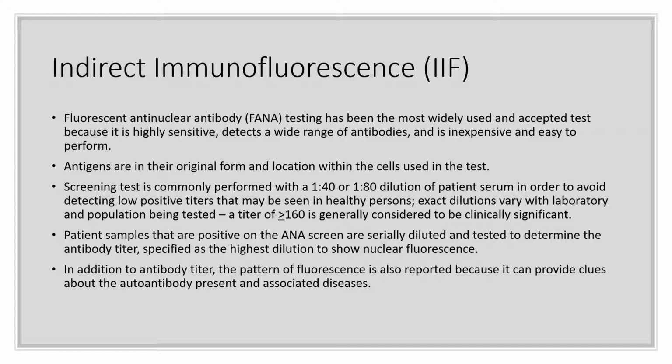Indirect immunofluorescence. We all know that we're going to put a dilution of the patient's serum onto the slide, which contains a human cell. We're going to allow any such antibodies to attach specifically, geographically, and morphologically onto that cell. We'll then wash the assay, and if it's positive, we can dilute that serum out to determine titer.